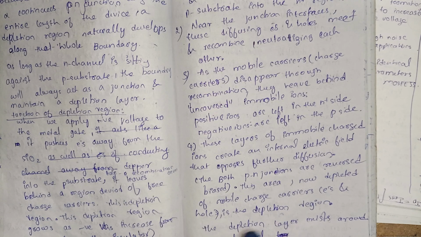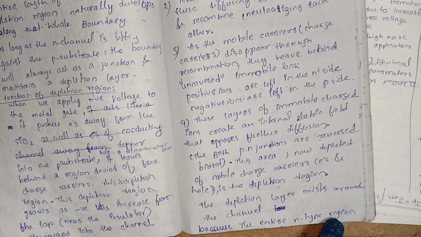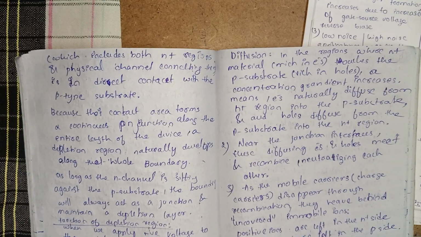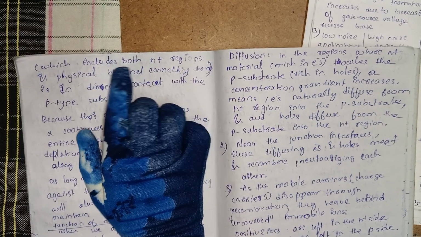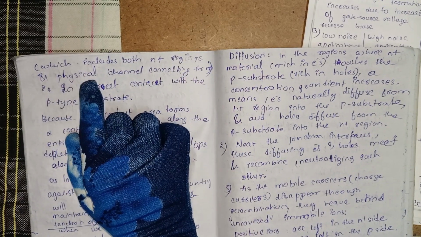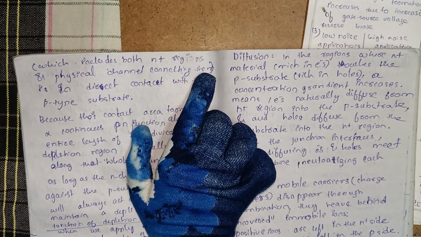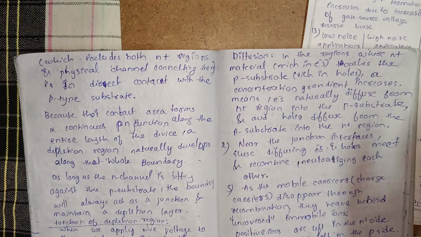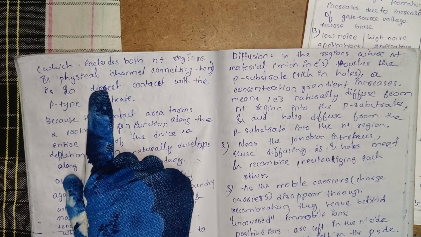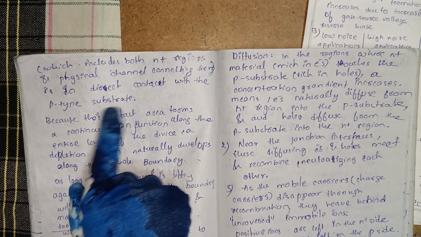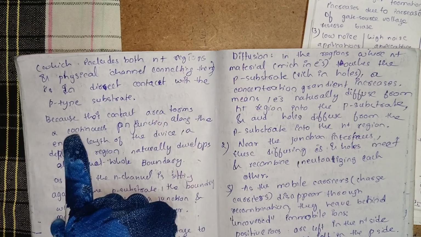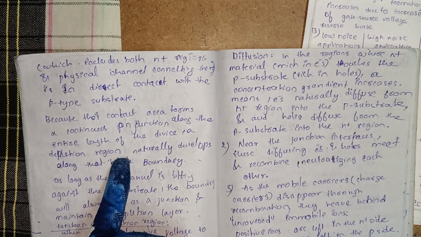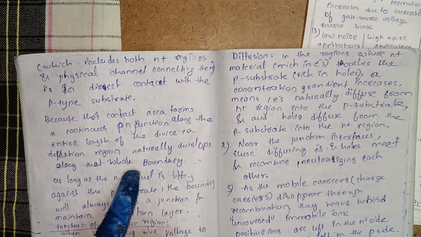Okay, the depletion layer exists around the channel also, because the entire n region, which includes both the n plus region and the physical channel connecting them, as I have shown, the pre-existing channel, is in direct contact with the p-type substrate. Because this contact area forms a continuous p-n junction along the entire length of the device, a depletion region naturally develops along that whole boundary.